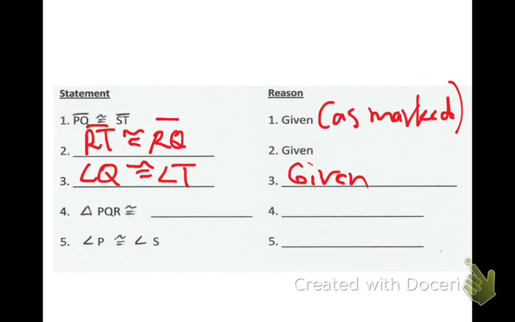How do I know the triangle PQR is congruent to, and what is it congruent to, and how do we know that? Okay, Shatiz. PQR is congruent to STR, I believe. That's correct.